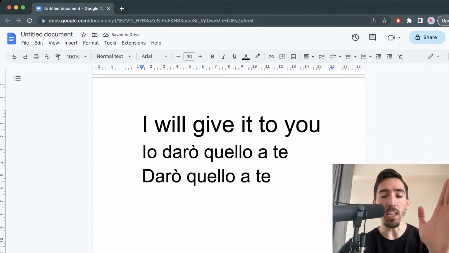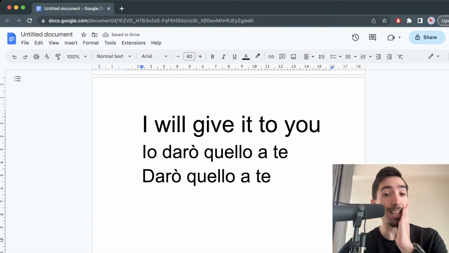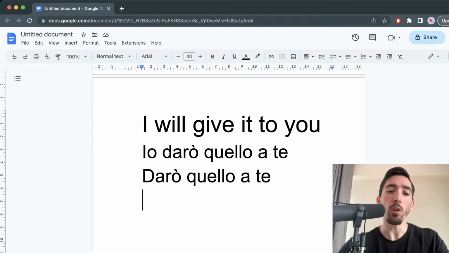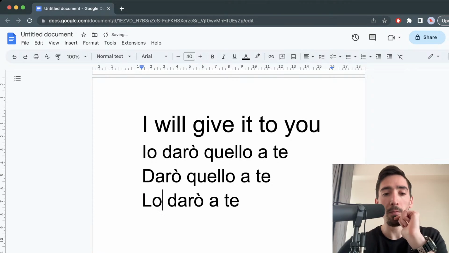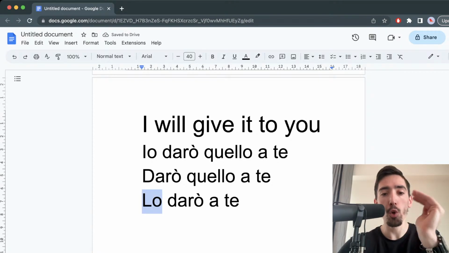So the first step was io darò quello a te. Second step is darò quello a te. We do without the subject. Third step is we use the weak form lo darò a te. And notice how we have two different vowel sounds, o and a.